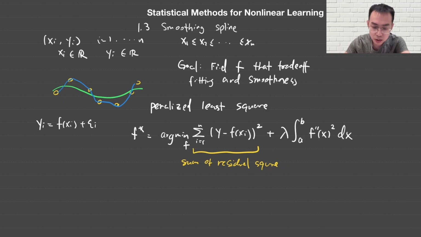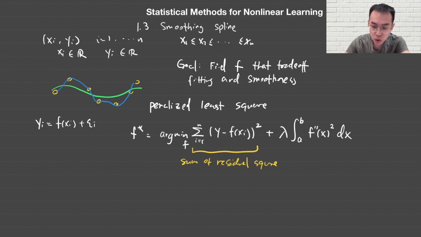But for the smoothing spline, we don't want the curve to pass through every point. We don't want yi to equal f of xi for each point. So this is just something we put into the optimization. The lower this term means that the data points will be closer to the curve.